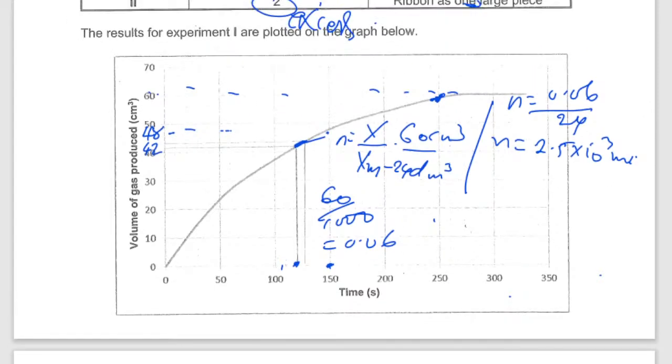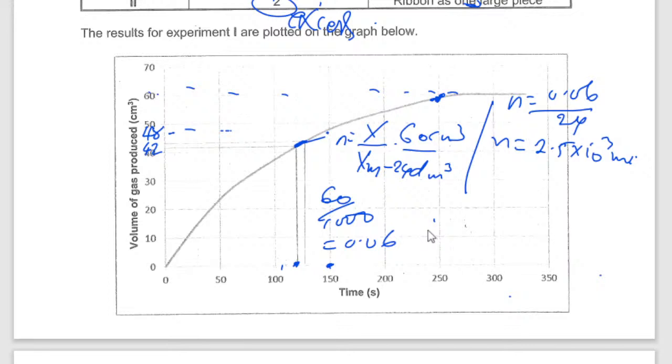So I'm going to say that number of moles is equal to 0.06 divided by 24. So number of moles is going to be equal to, you calculate, 2.5 times 10 power negative 3. So those are the number of moles of the gas produced.